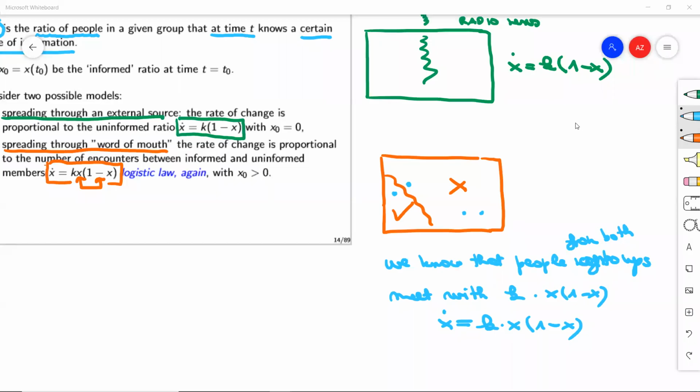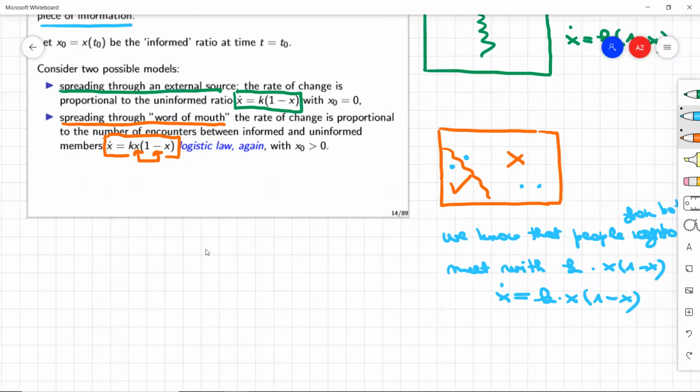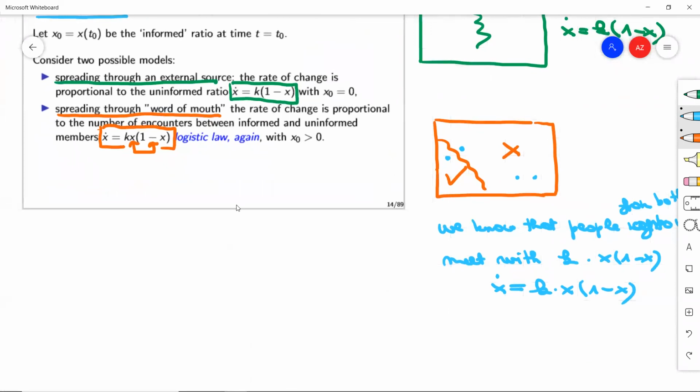So there is a question in the break about this spreading through an external source and spreading through word of mouth. There is also another explanation of how you can understand those two laws. It goes through probabilities that each encounter of the information and a person is successful.